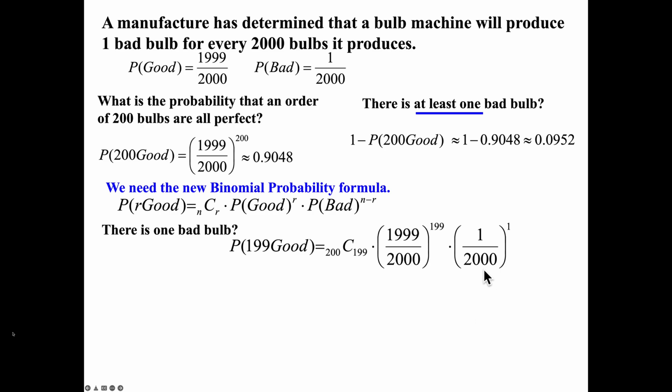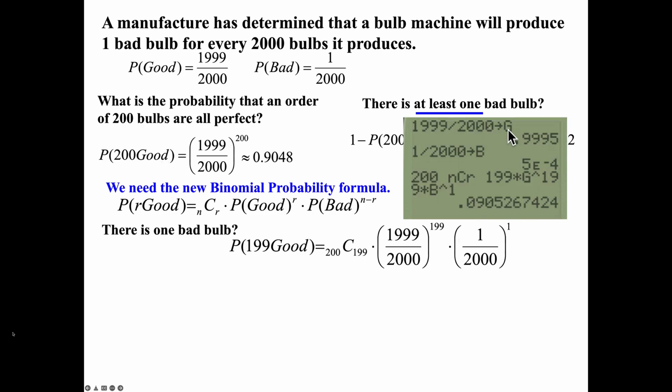Now, I took a screenshot with my old calculator. This is what I would do for these probabilities. I strongly recommend that you just take the individual probability and store it for G, for good. And there's the probability as a decimal. The 1 divided by 2,000, I stored it in B. All right, there's my decimal.